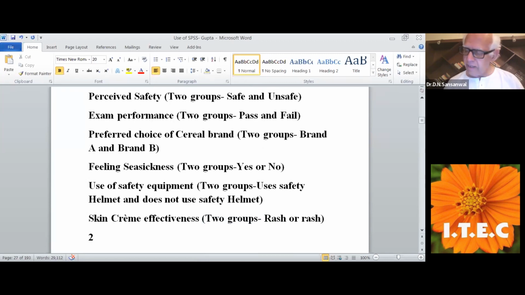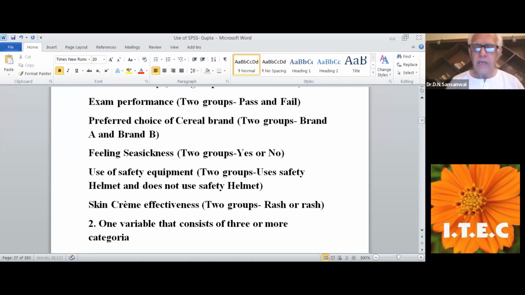The another assumption is that there must be one variable that consists of three or more categorical related groups.